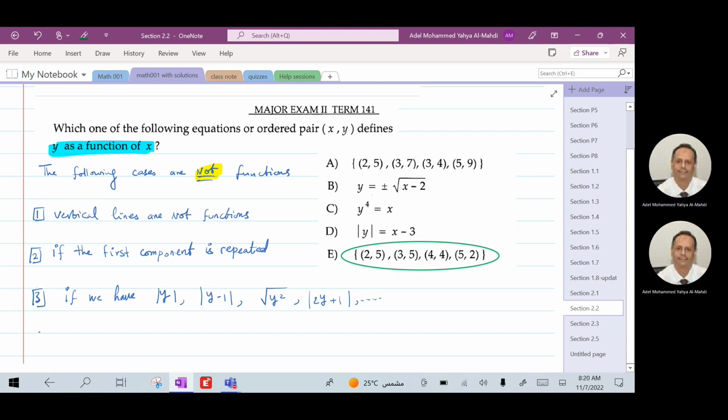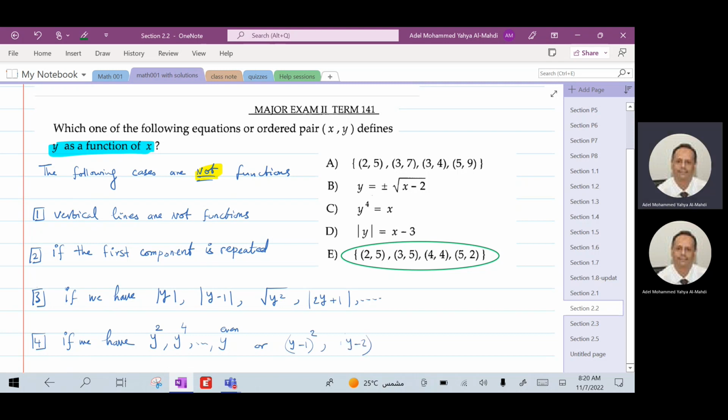Number four, if you have y to the power 2 or y to the power 4, or y to an even number. Not only y, the y term, maybe you will have y minus 1 squared, maybe y minus 2 to the power 4, and so on. Of course, without conditions; sometimes when you have some conditions, we will see some examples.